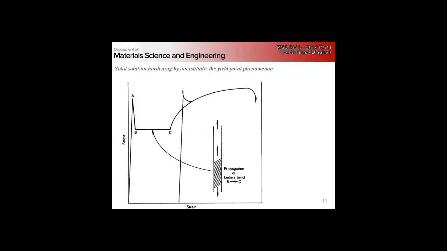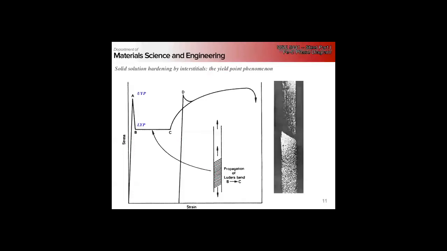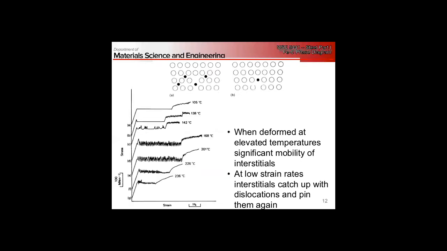Right? It's also the same thing that's responsible for dynamic strain aging. Right? If you deform it in the right temperature range, slow enough, the interstitials catch up with the dislocations and repeatedly pin them. Right? So you get this oscillatory strain behavior. Right?